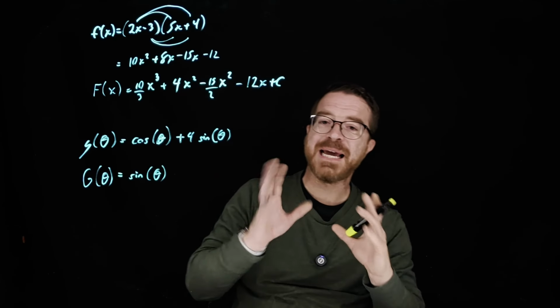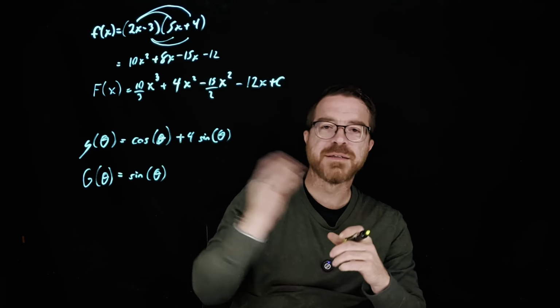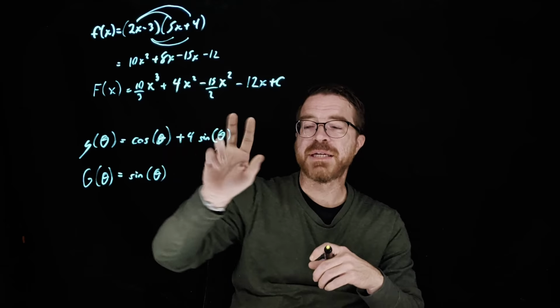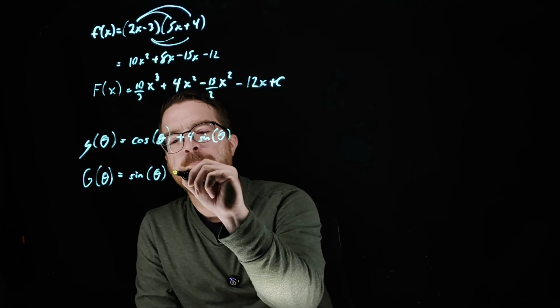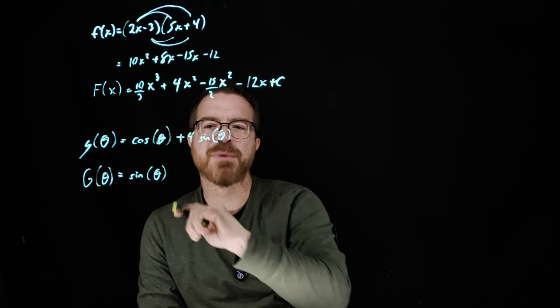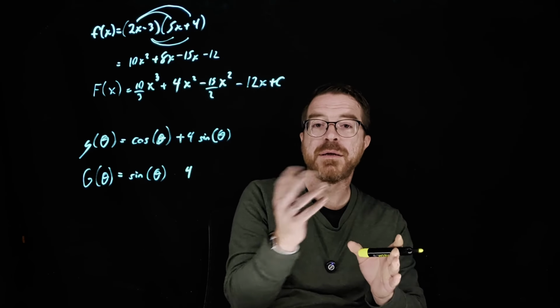Now, whenever you're doing the antiderivative, if you have a constant times the thing you're taking the antiderivative of, you can pull that constant out, take the antiderivative, and it'll be the constant times the antiderivative. So I'm not going to put a plus or minus yet, because let's see what's going to happen with sine. What would I take the derivative of to get sine? Well, if I take the derivative of cosine, it would give me negative sine.